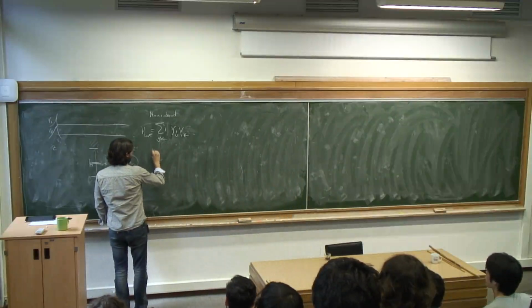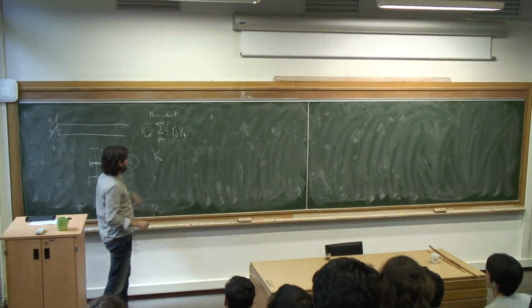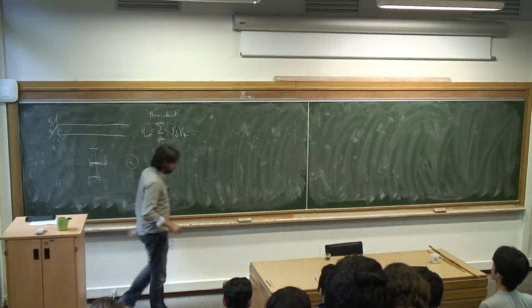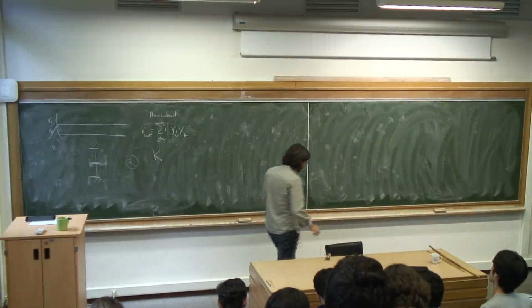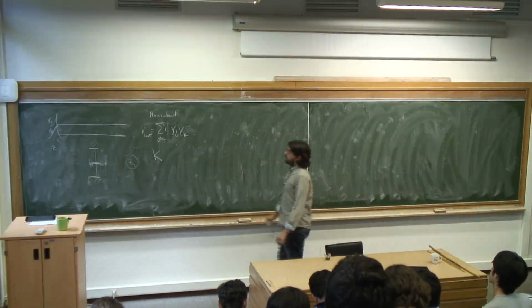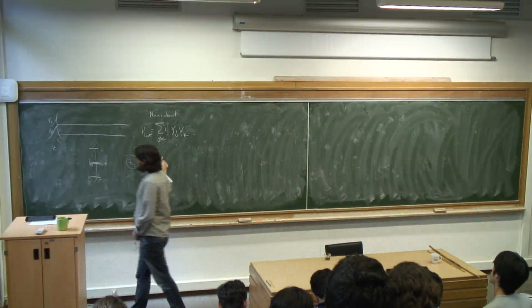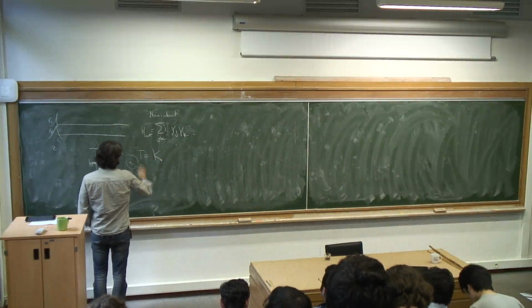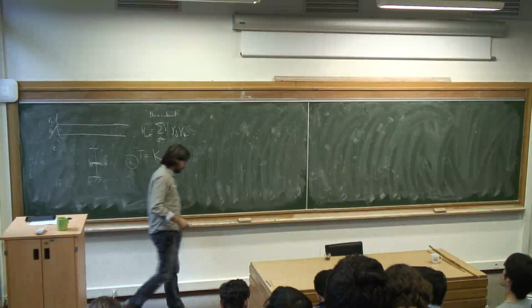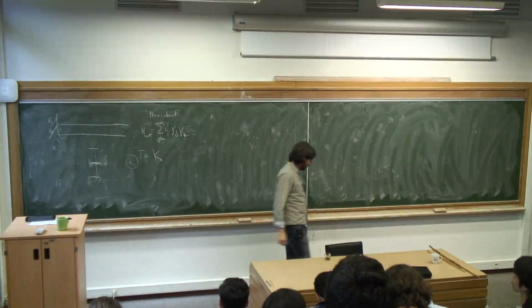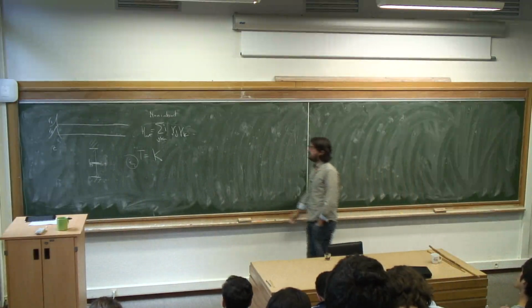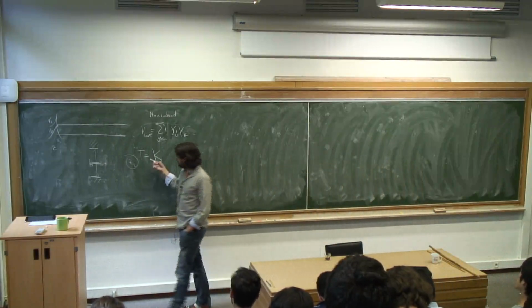Spinless time reversal, which is K times some unitary matrix. This matrix is symmetric if you've got T squared equals 1, and antisymmetric if you've got T squared equals minus 1.